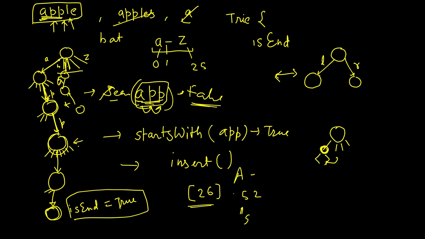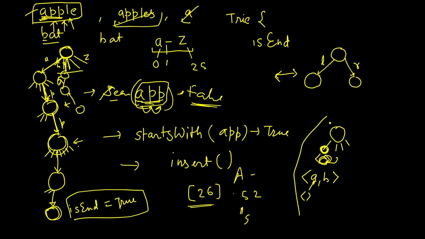So for example, in this case, there are words just starting with A and B. If I have inserted apples also, that's 3 words, but still 2 of them start with A, and 1 of them starts with B. So for this node, only 2 of its branches are used, the rest are not used. So its map will contain A and B, and these internally will have their own maps. So instead of fixed size arrays, we can replace them with maps so that it saves space. We will see this implementation in a separate video.